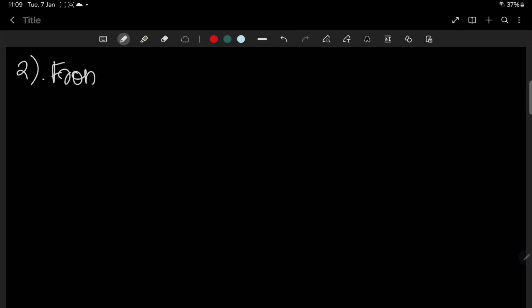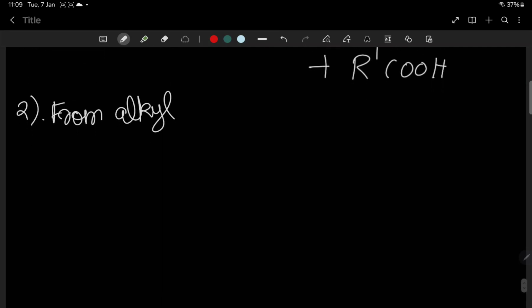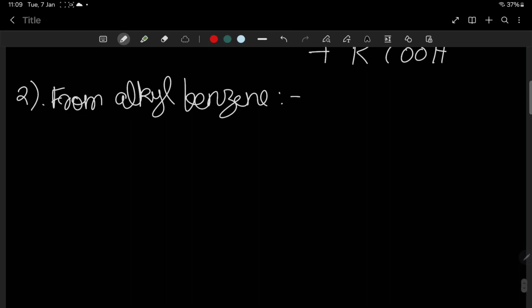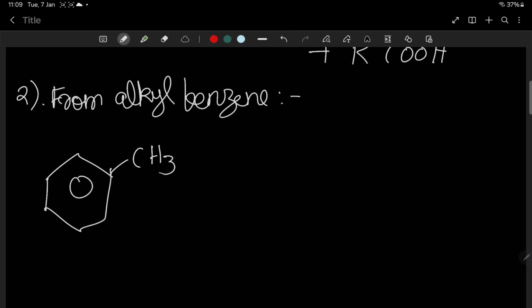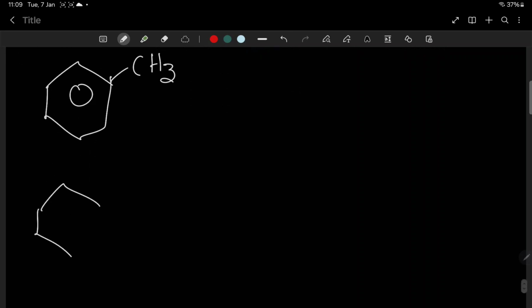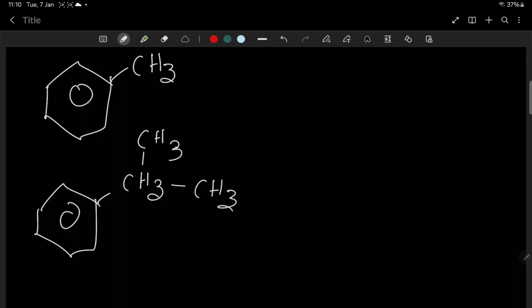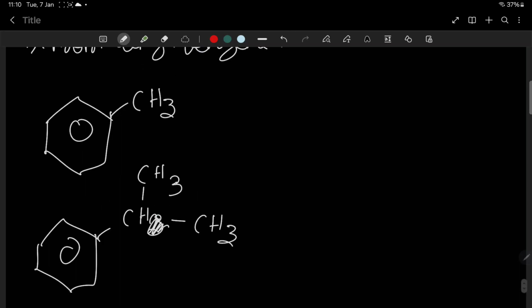Okay, now from alkyl benzenes. This is mainly the preparation of benzoic acid from alkyl benzene. Take anything, toluene with CH3, or cumene.